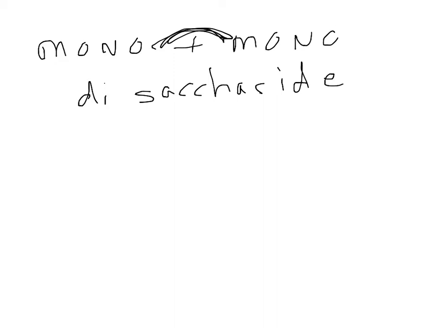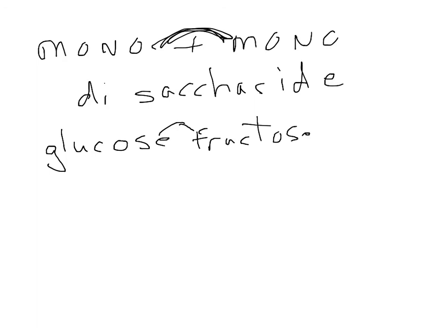And if you join glucose with a fructose, we change its name, and that's called sucrose. That's what you eat. That's what's in your sugar bowl. That's what you call sugar that you eat.